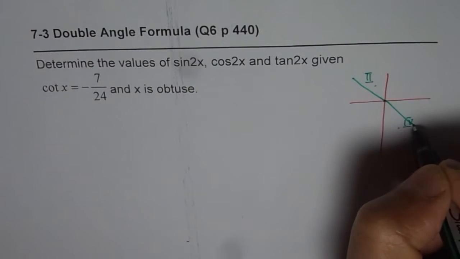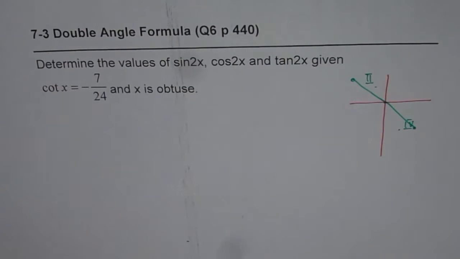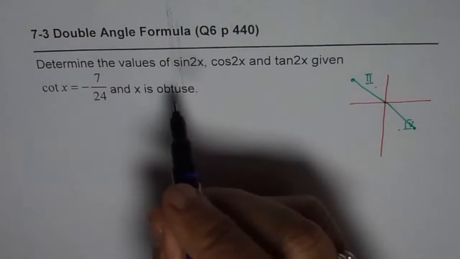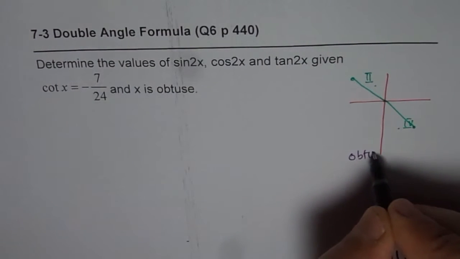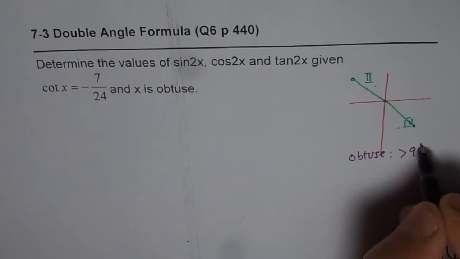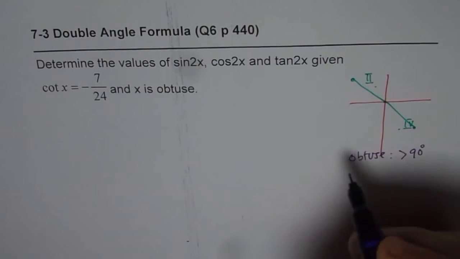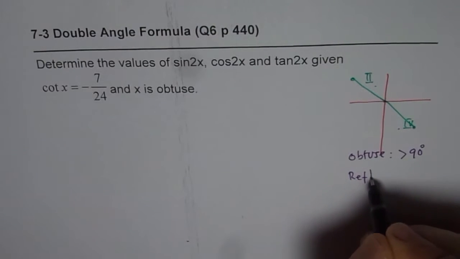Okay, so let me just draw a line like this to represent the obtuse angle. Now for some of us, when we say obtuse, it really means greater than 90 degrees. The angle which is greater than 180 degrees is referred to as a reflex angle.